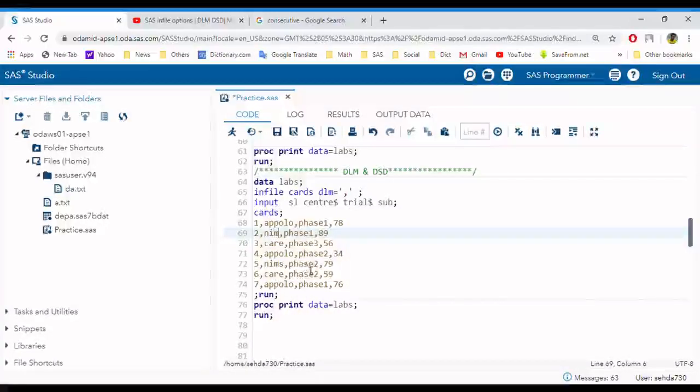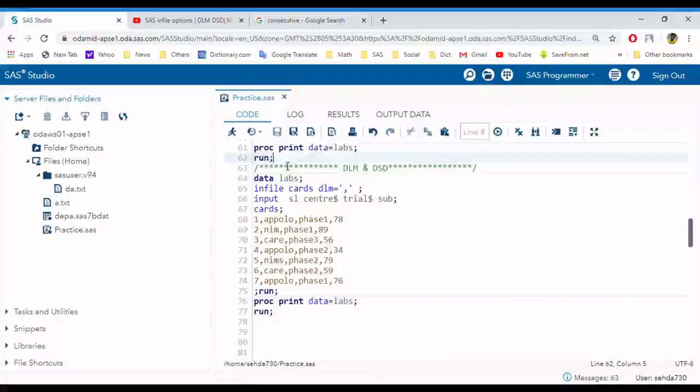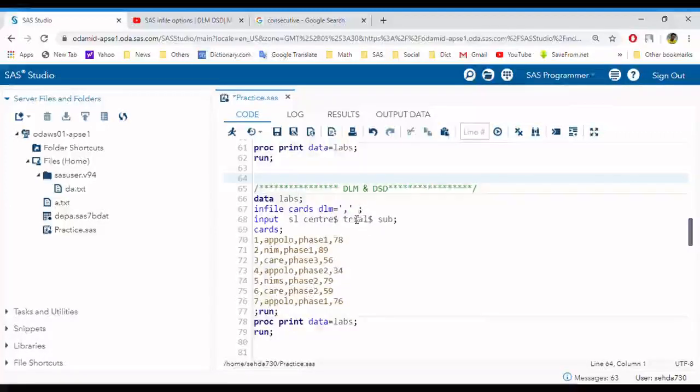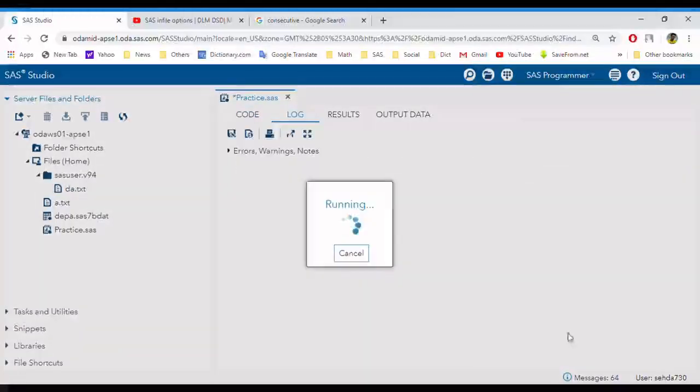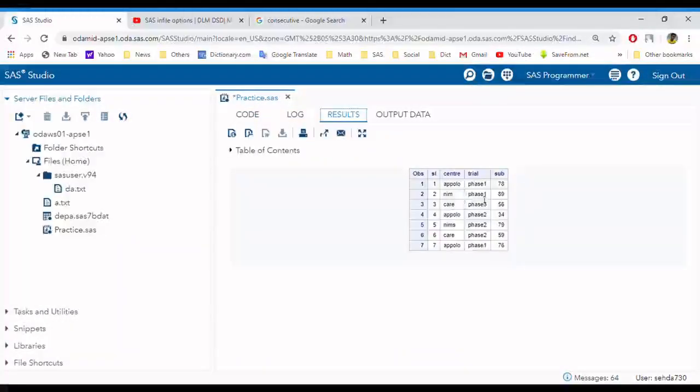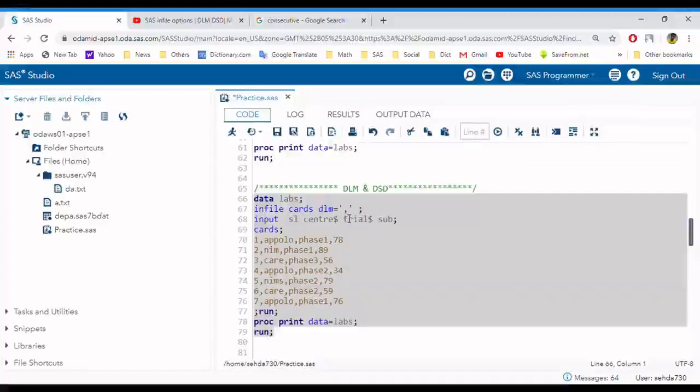And then we have to give comma over here under DLM. Let's run this. See, data is coming up correctly. So we have given comma as the delimiter.